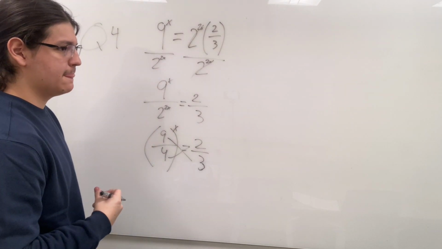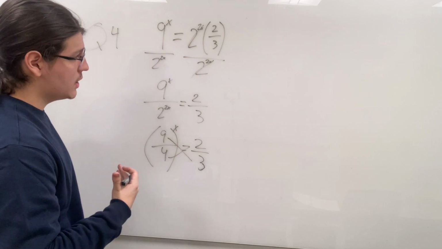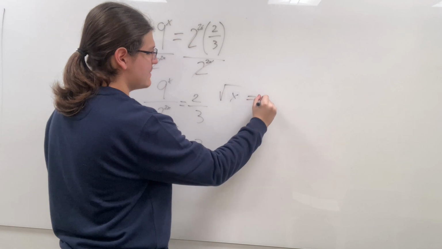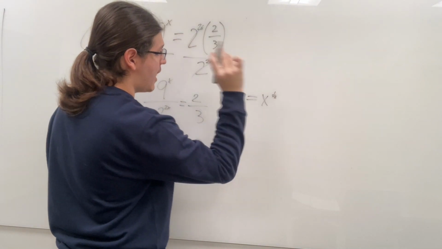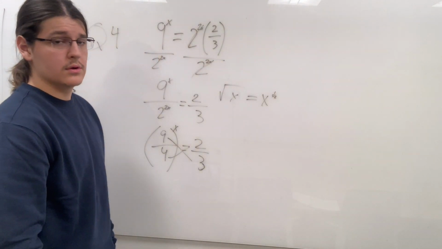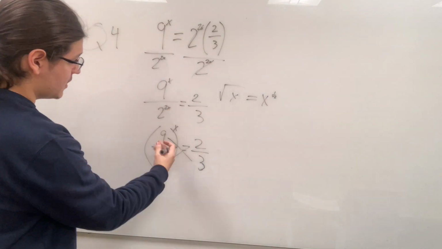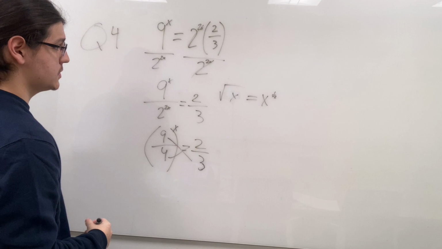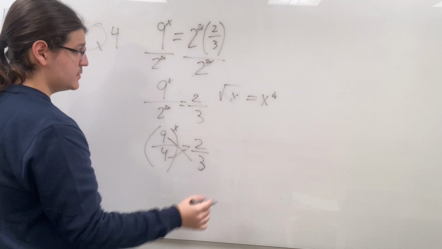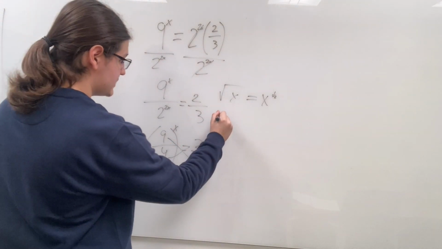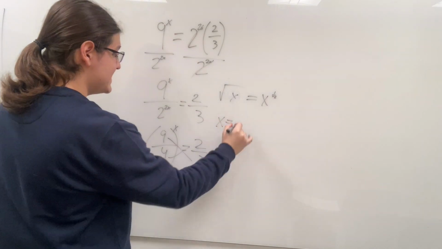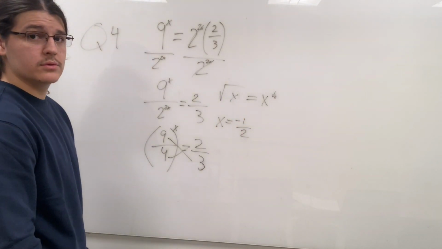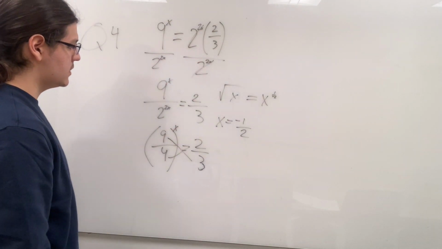A square root is the same thing as just the half power. And like we did here, if we put an exponent here, it applies to both of our numbers. So we need it to be square rooted. So x is just going to be negative 1 over 2. And there, done.